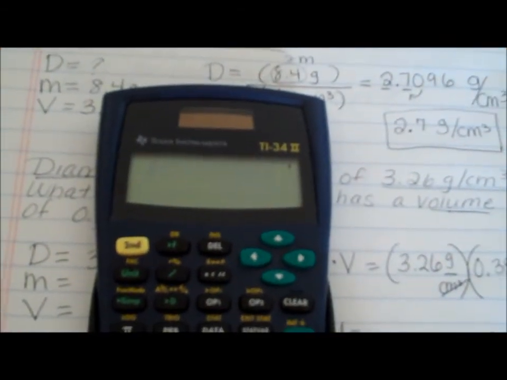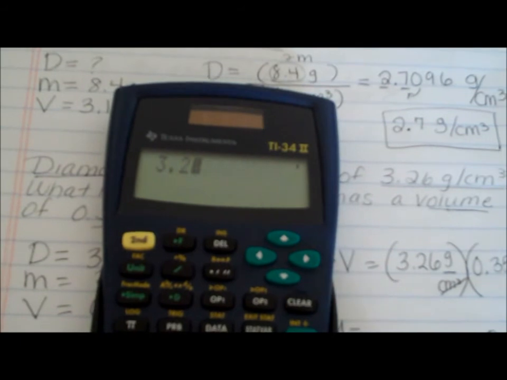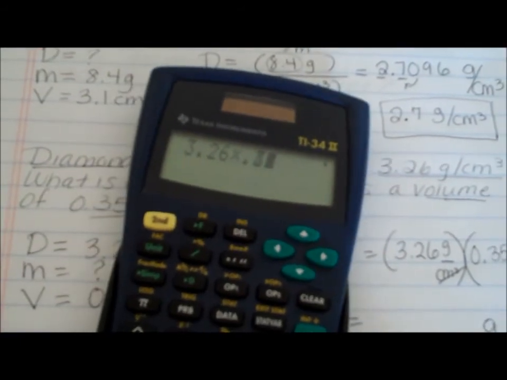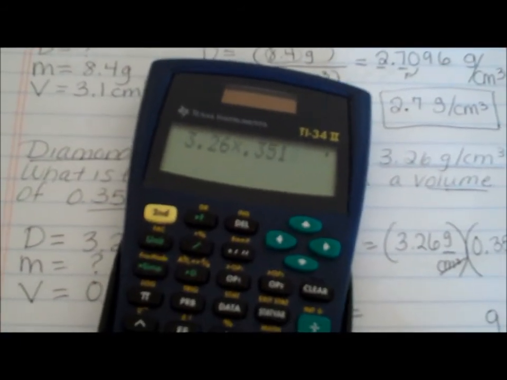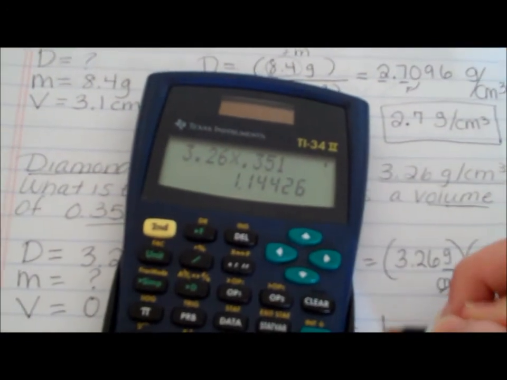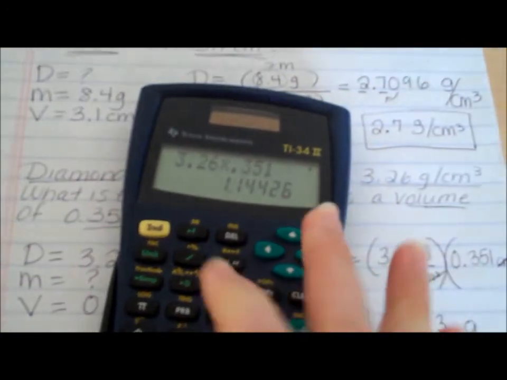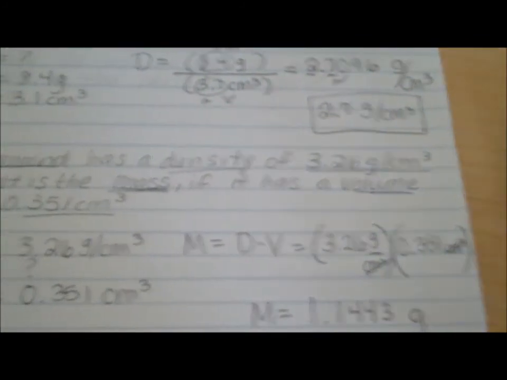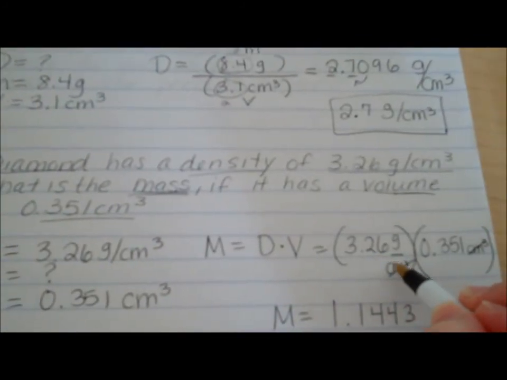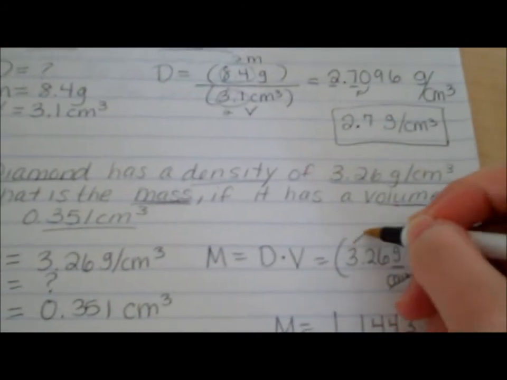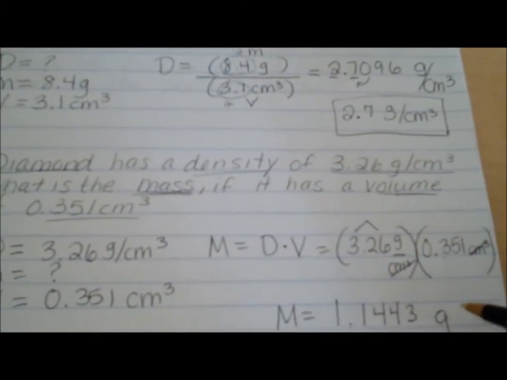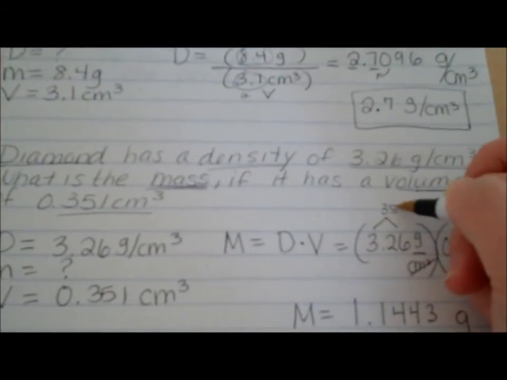We're going to do 3.26 times 0.351, and we're going to come out with our answer as 1.1443. Now I took it out further. Now when we're multiplying, we're going to go with the lowest number of sig figs. 3.26, all non-zeros, is going to have 3 sig figs.